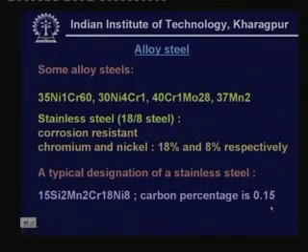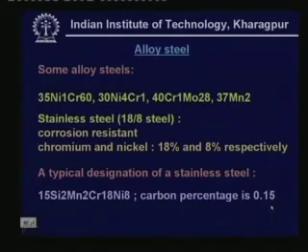Normally the stainless steels widely used in practice are called 18 by 8 steel. It has tremendous corrosion resistance, and that is one reason it is highly used for machine parts. Chromium and nickel percentages are 18 and 8, that means chromium 18% and nickel 8%. That gives rise to stainless steel.